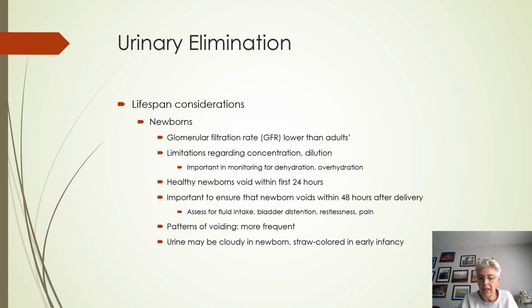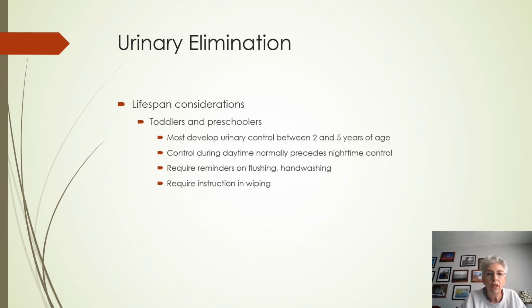Urine color of the newborn I'll leave to the experts, but to cover Module 5 concepts, it may be cloudy in the newborn and straw-colored in early infancy. As you know from urinalysis, we like it light straw color. Amber speaks to dehydration. Obviously, blood with clots is not a good thing. We'll talk about the TURP with BPH, which is the surgery for prostate removal.